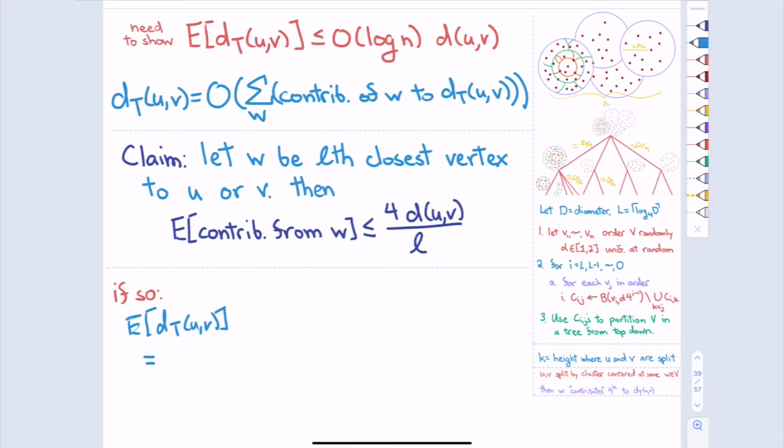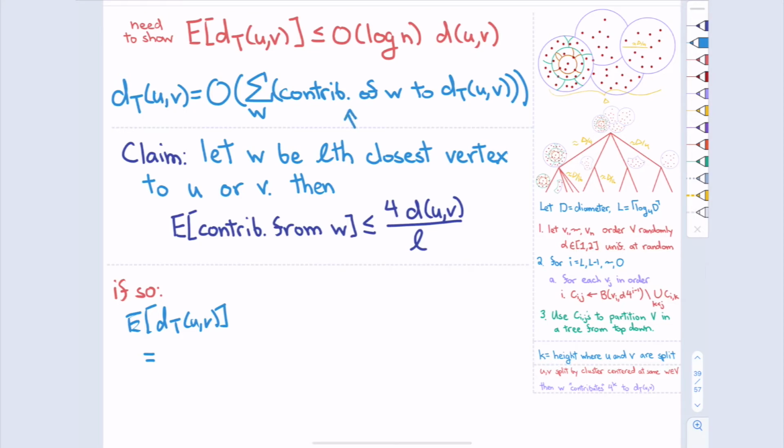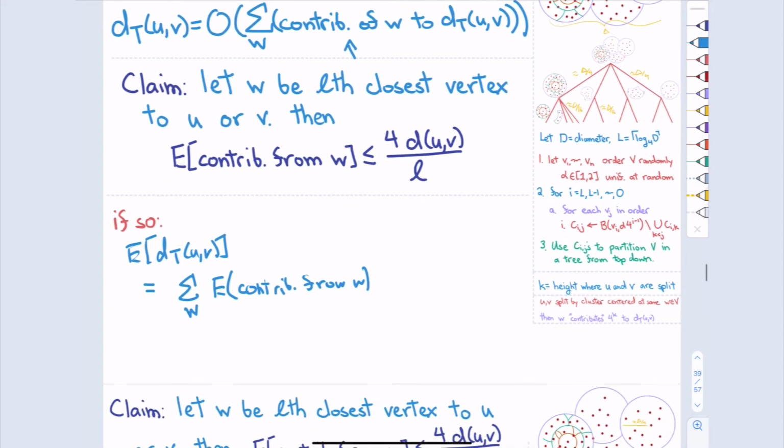Okay, in particular, I think in reference to this, we'll sum over all the vertices W, the expected contribution from W. And so what we're going to get then is, summing over all L from 1 to N, 4 times the distance of 1 over L. And that's our favorite harmonic sum.